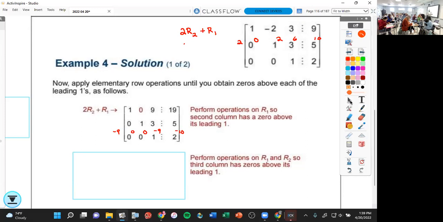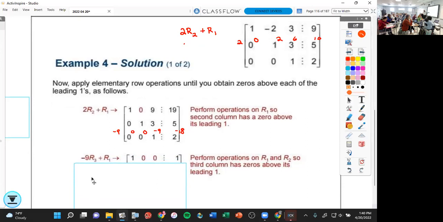I thought you said that was 18. Because -9 times 2. That is an 18. Okay. You get 1. Nice. Like that. So I took -9, row 3. I added it to row 1, and I get 1, 0, 0, 1.